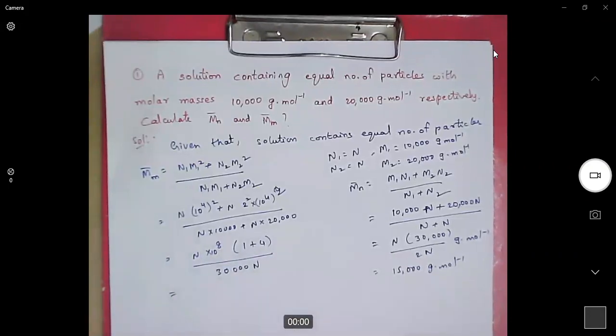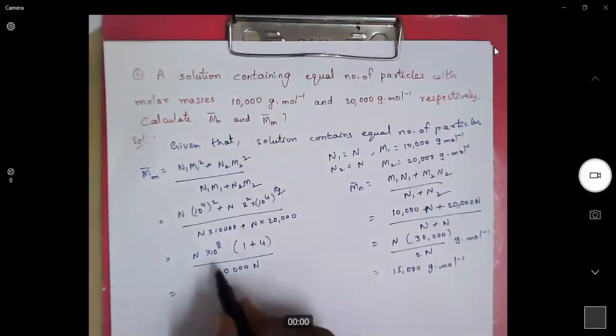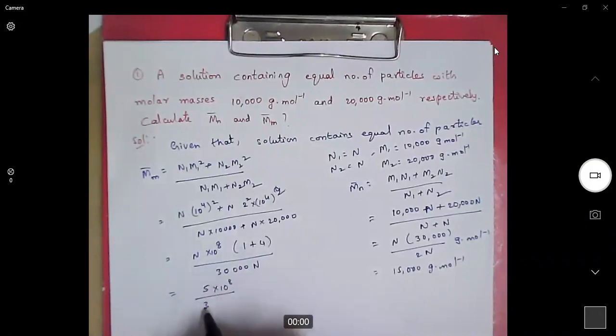What is the value here? N will get cancelled. 5 into 10 power 8 by 3 into 10 power 4. Nothing but 5 into 10 power 4 by 3.